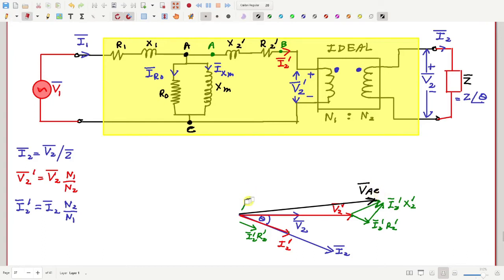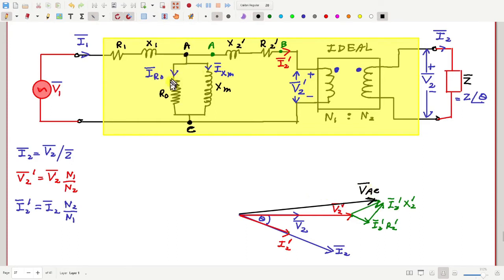Let me make it cleaner. Okay, so next, what can we get once we know the voltage VAC? So next, what can we find?